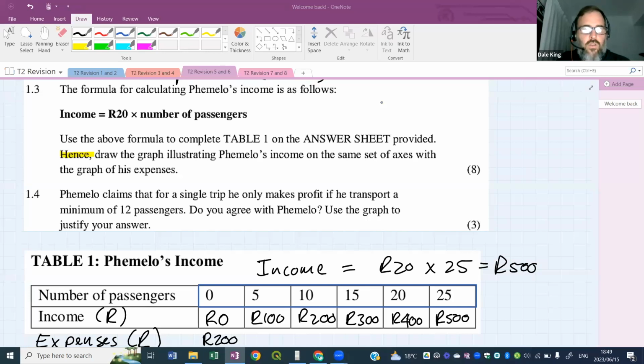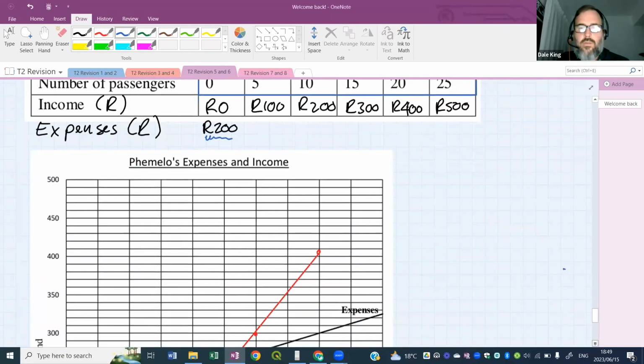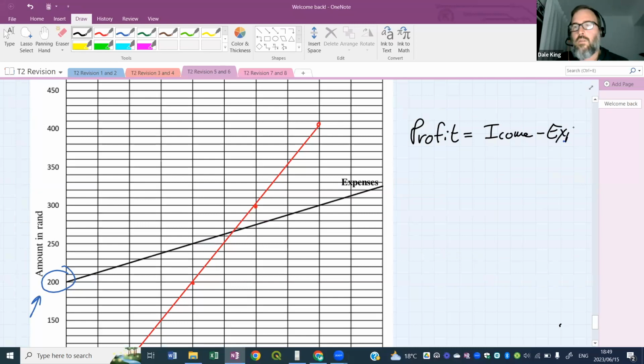So let's go down to this graph over here. We first got to understand what is profit. I'll write the formula here. Profit equals your income minus your expenses. All right, that's not very neat. Let me move that over a bit.